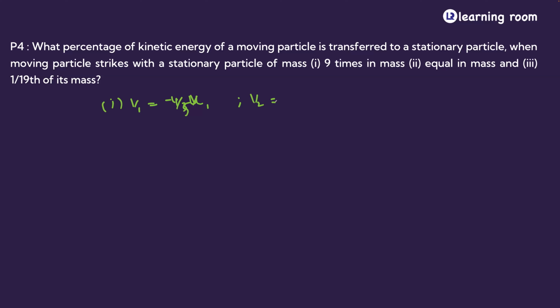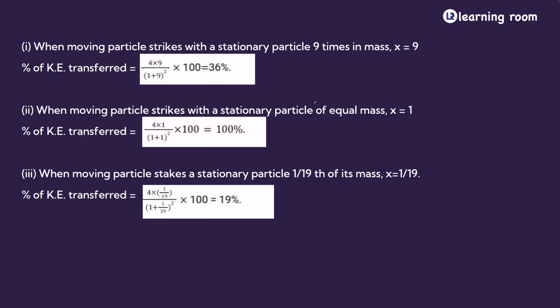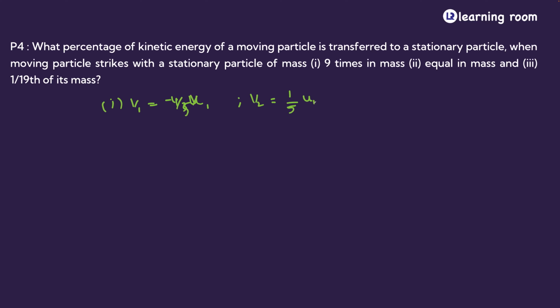So V2 is 1 by 5. They are not given here. So they have calculated it as per the formula. But I'll tell you. So you have calculated this, no. So V1 is equal to this value and V2 is equal to 1 by 5 times U1.